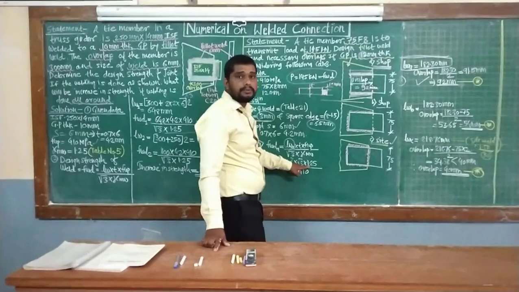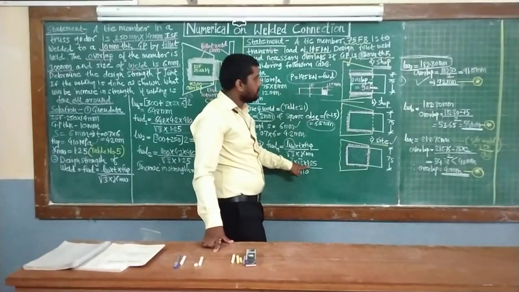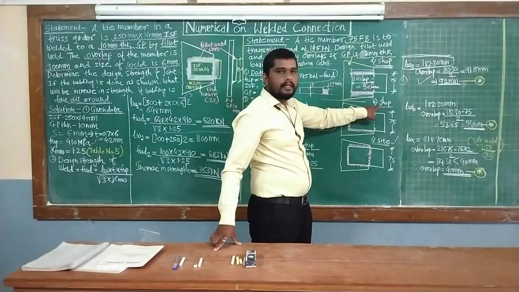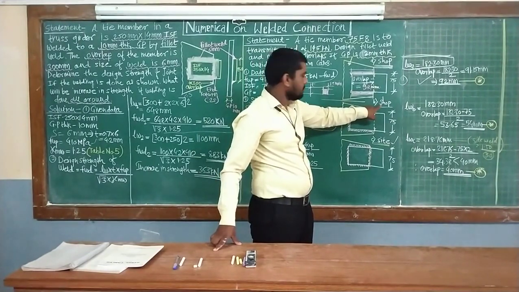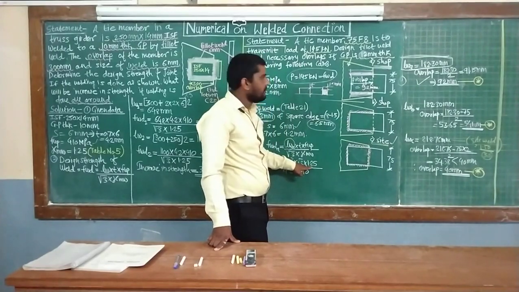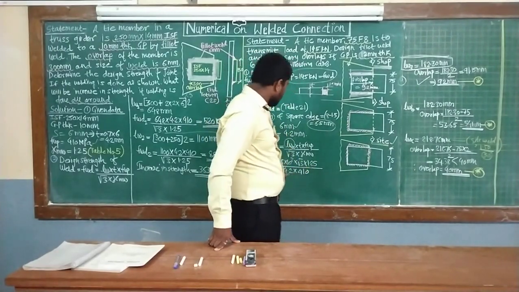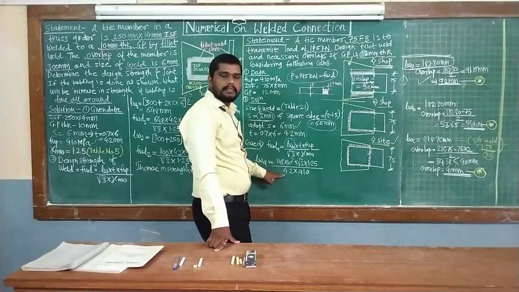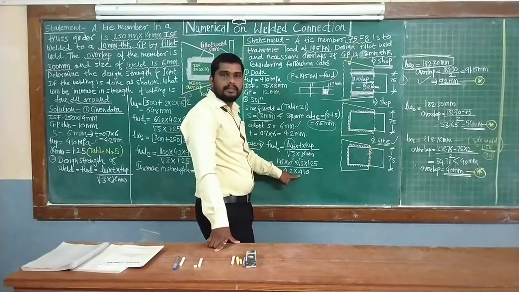We take it as it is, 1.25, because here the connection of the weld is going to be provided in the shop. So the partial safety factor remains the same, 1.25. Then divided by 4.2, which remains the same, and 410 also remains the same.